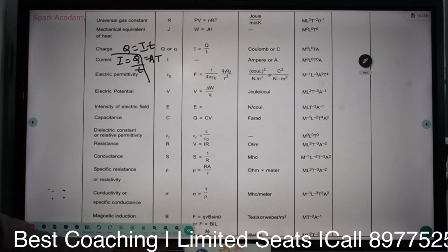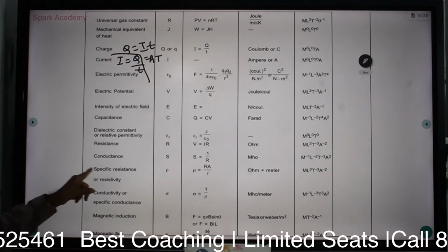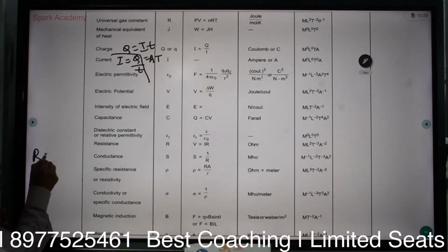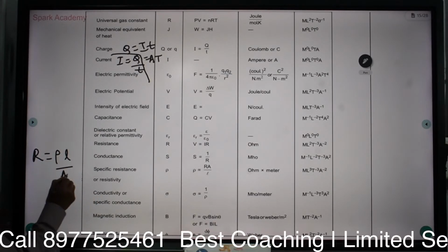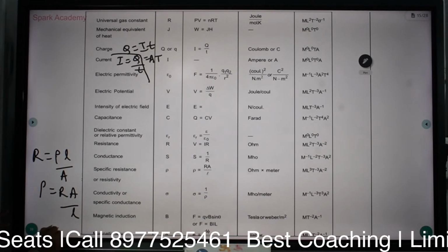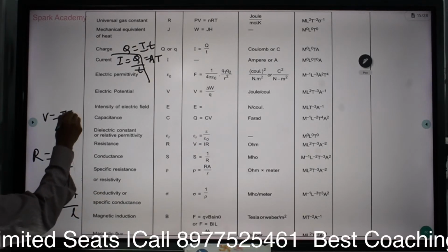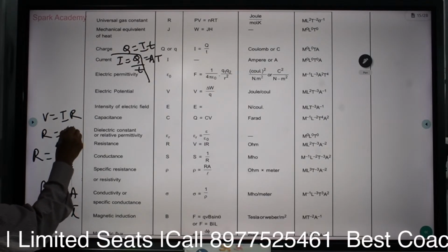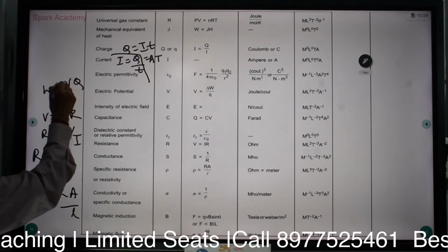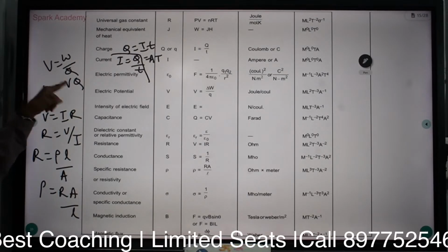Similarly, there are different quantities like resistivity and conductivity. You know, R is equal to rho L by A, so resistivity will be equal to R A by L. According to Ohm's law, V is equal to IR, so R is equal to V by I. And you know W is equal to VQ, so V is equal to W by Q. Like that only you will get the dimension.